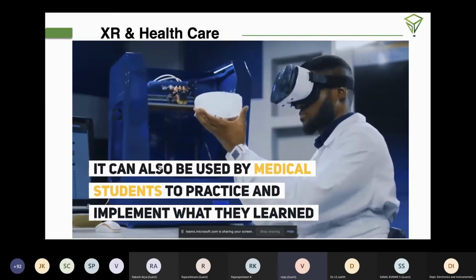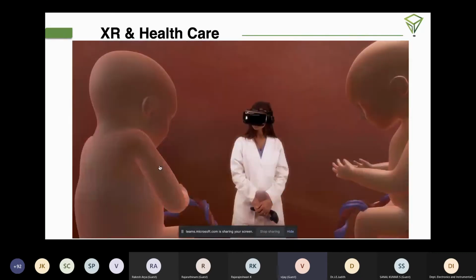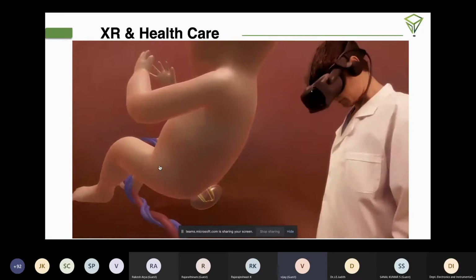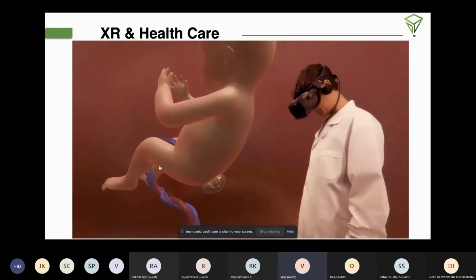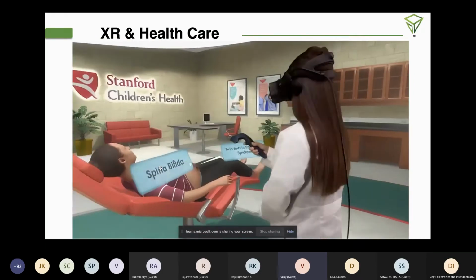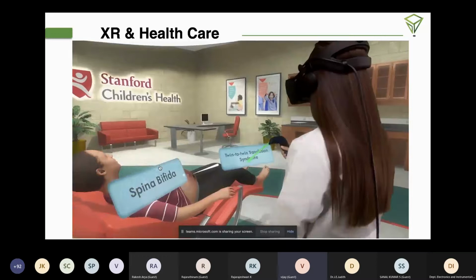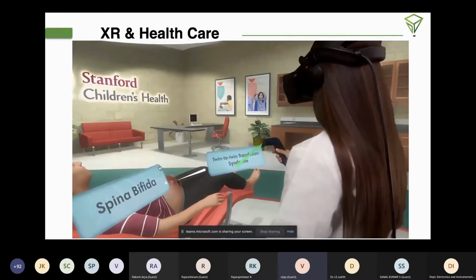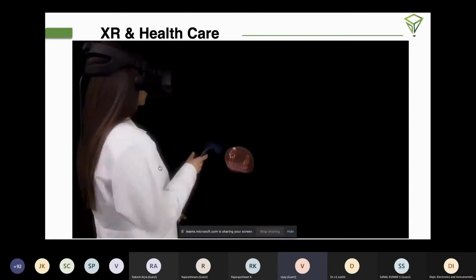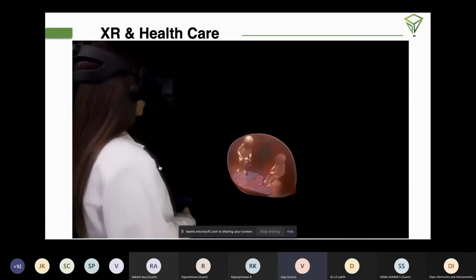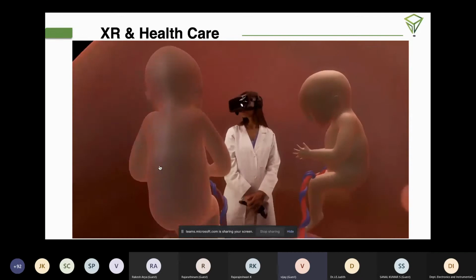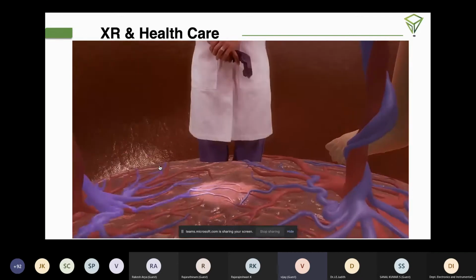Fetal VR, you can see and understand complex fetal conditions by traveling inside the mother's body to engage with fetal patients up close. Our VR simulation features two important congenital fetal conditions that we take care of at Stanford. The first is twin-to-twin transfusion syndrome, a condition that affects identical twins while they're in the mother's uterus. In TTTS, there's an imbalance in the way blood circulates to the fetuses within the mother's placenta.